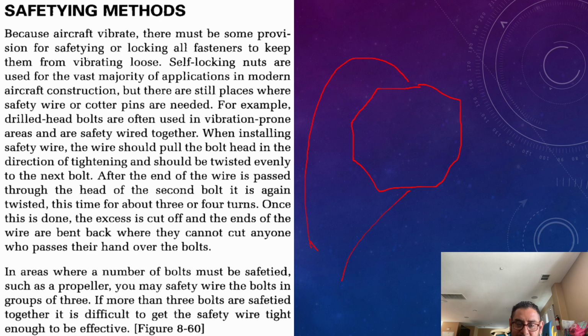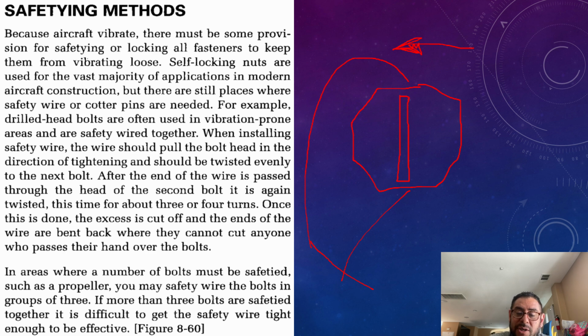Why not? Because if you pull this way, and let's just say this is one way that I actually checked my work when I first started, let's just say that it's a flathead. I would use a screwdriver after I safety wired it, and I would go in rotating a direction where the bolt will be loosened.